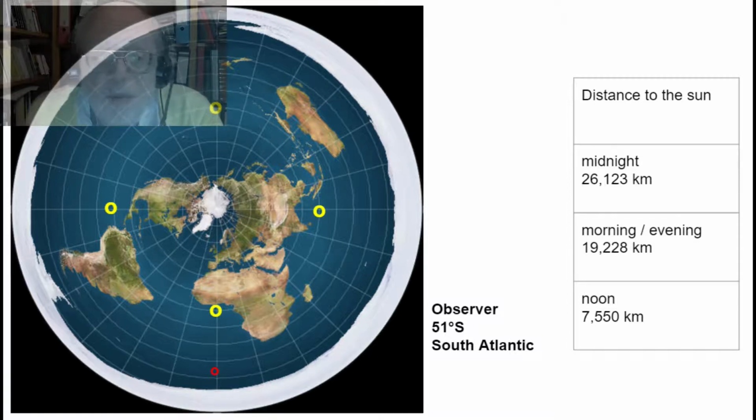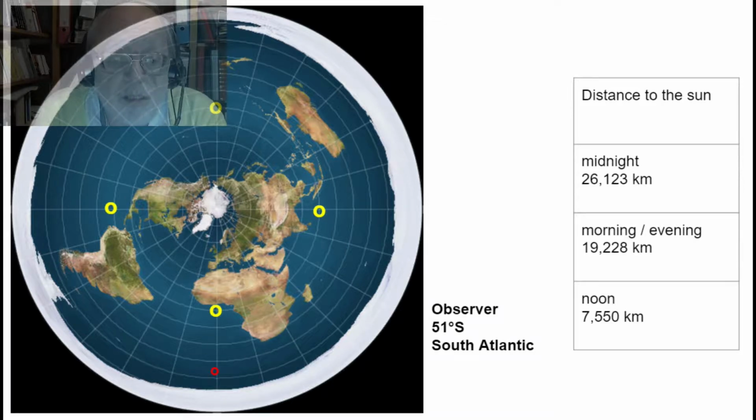In the evening and in the morning the positions of the Sun, 0 degrees north, south, 90 degrees west or east, are 18,568 kilometers away, calculated from the distance 51 degrees south to the pole and from the pole to the equator. The Sun is 4,995 kilometers above it, and thus the distance between the Sun and the observer at 51 degrees south is 19,228 kilometers.